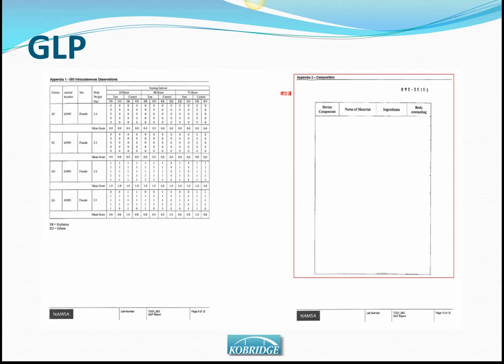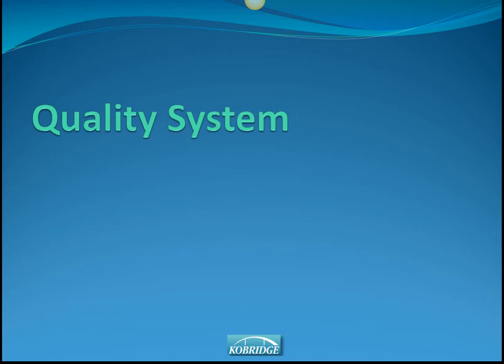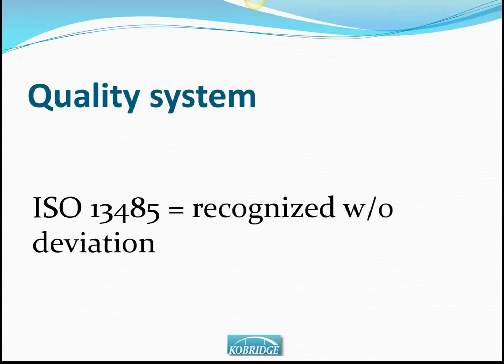After that, any component of the device should be documented. In the end, there would be an approval of the QA representative of the lab performing the test. That was it.